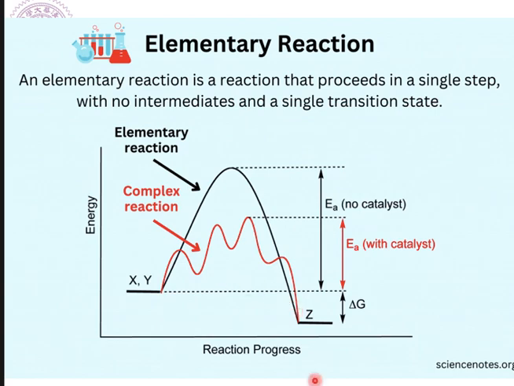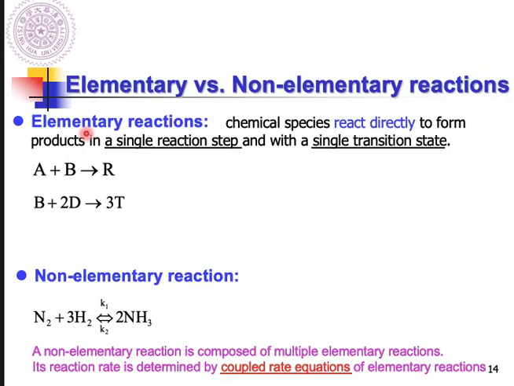Okay, so if it belongs to elementary reactions, for sure A directly reacts with B and generates R in this single reaction step.